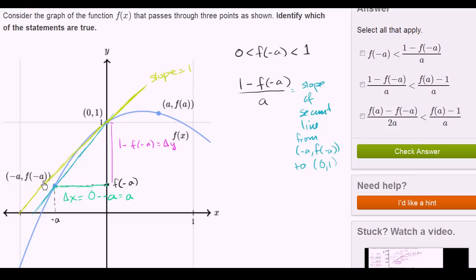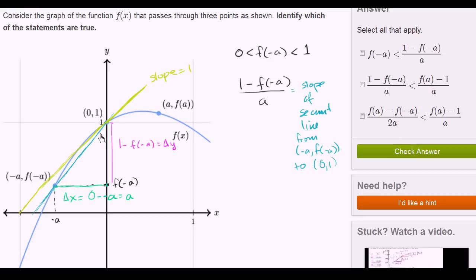So if this green line has a slope of 1, does this blue line have a slope? It clearly has a different slope. Is this blue line steeper or less steep than the green line? Well, it's pretty clear that this secant line is steeper than the green line. It's increasing faster, so it's going to have a higher slope.